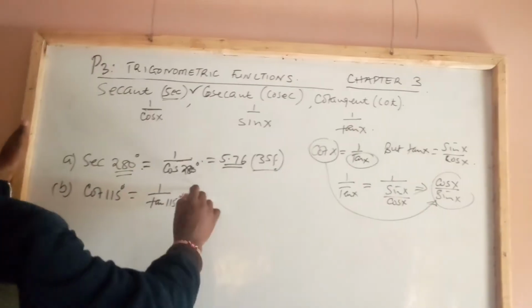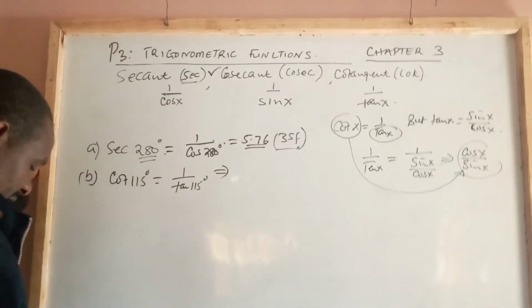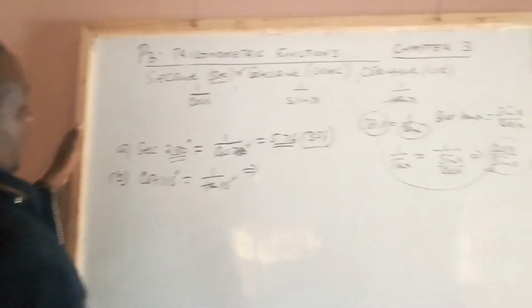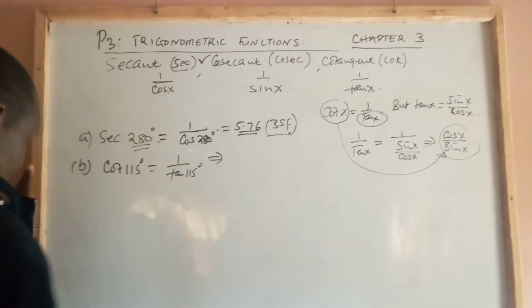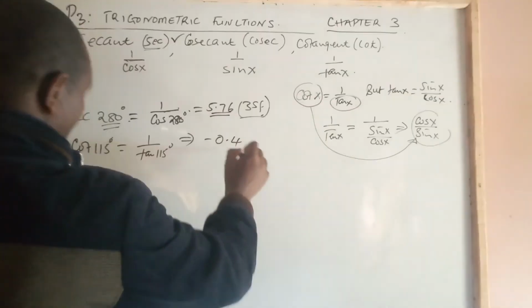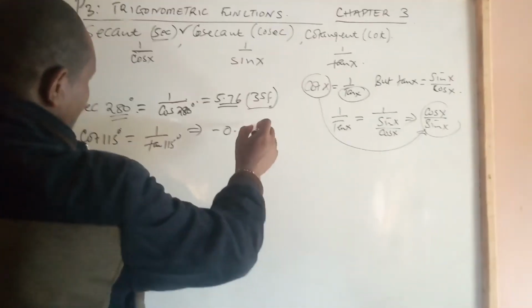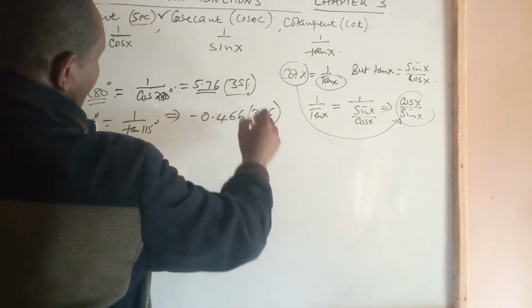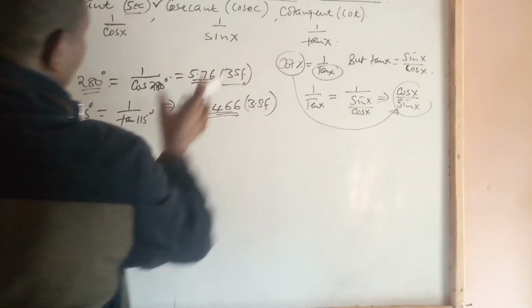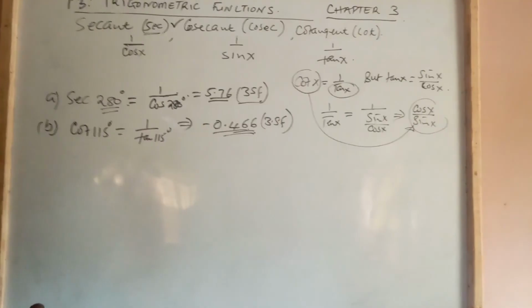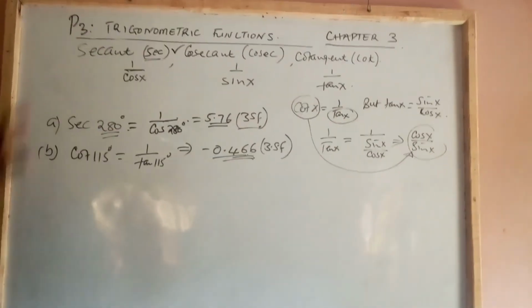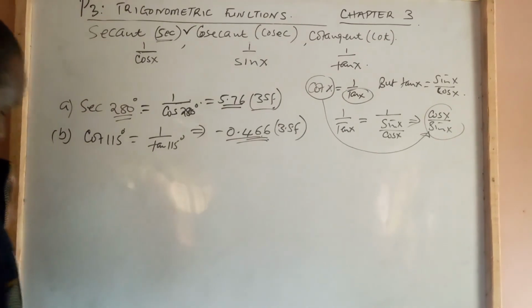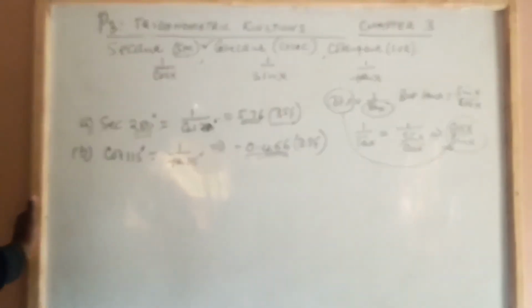And again, 1 over the tangent of 115 degrees, direct from the calculator, is negative 0.466, again to 3 significant figures. That is it. You just go directly to the calculator, and that is exactly how you're going to be dealing with this kind of topic, just as an introduction. All right.